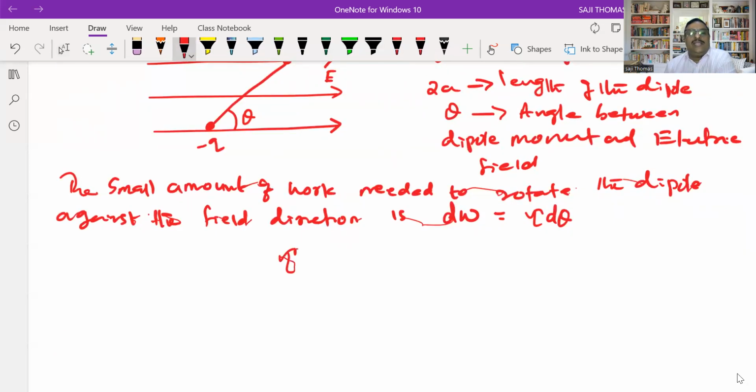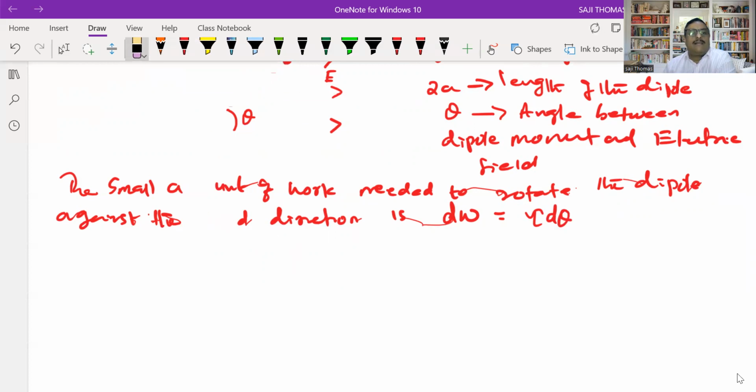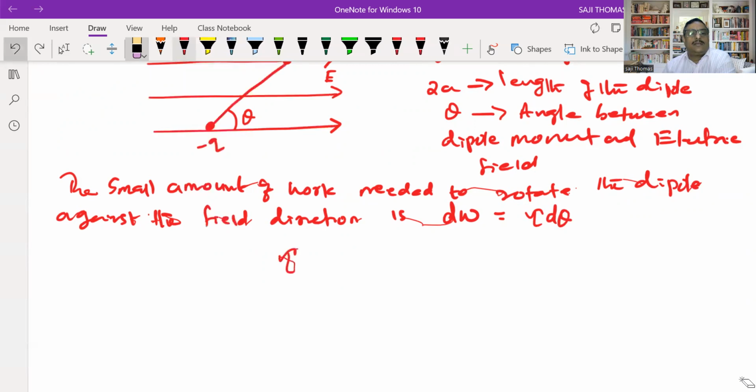Torque equation is torque equals P sine theta.